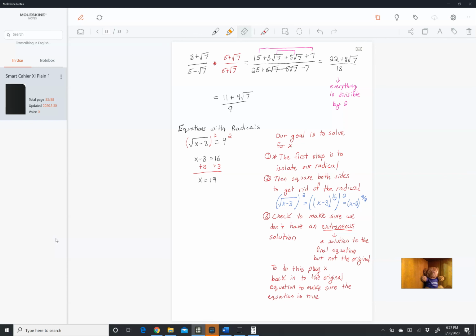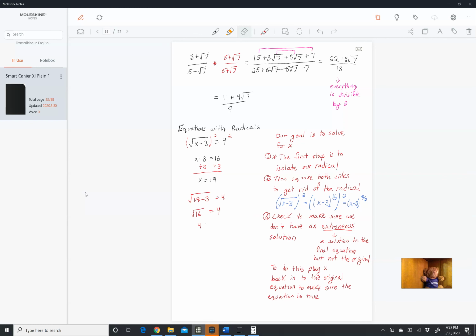Now, we only have one solution here, so in most cases, this is going to hold, okay? So let's just double check. We have the square root of 19 minus 3 is equal to 4. The square root of 19 minus 3 is the square root of 16.